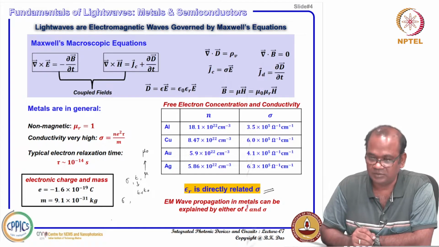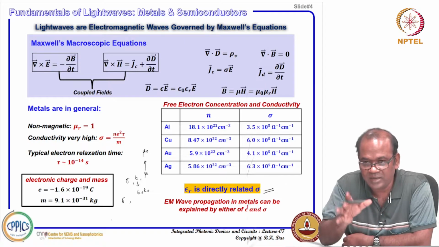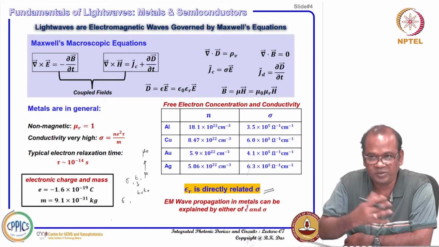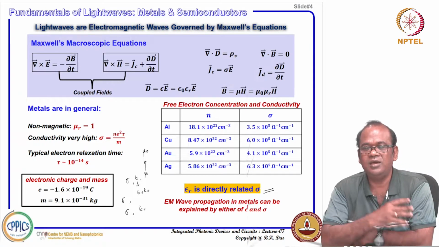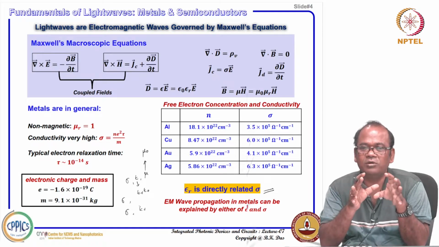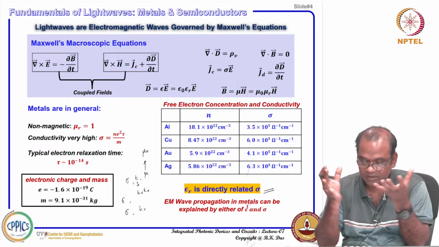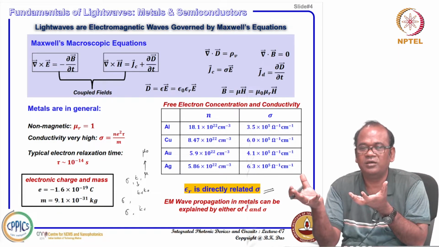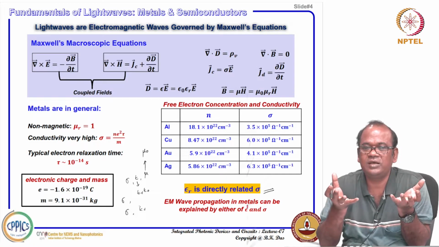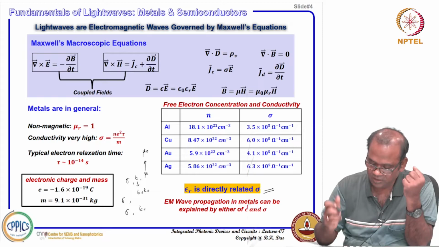We will show that when an electromagnetic wave propagates, particularly at higher, optical frequencies, the sigma and epsilon r properties are somewhat blurred. You can actually relate sigma with epsilon r. Depending on the sigma, you can estimate what the epsilon r value is.